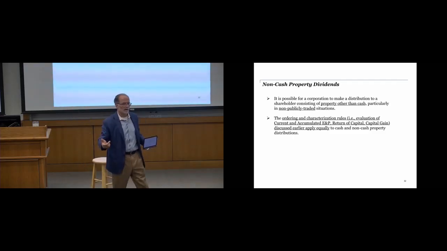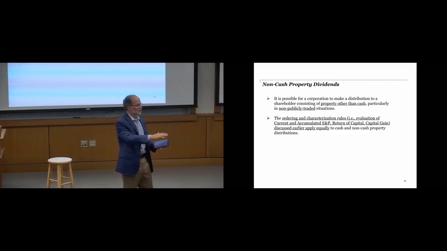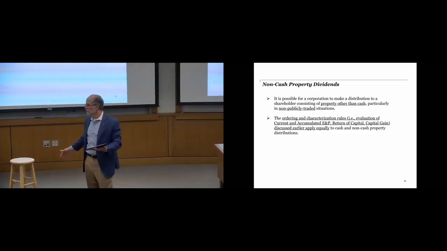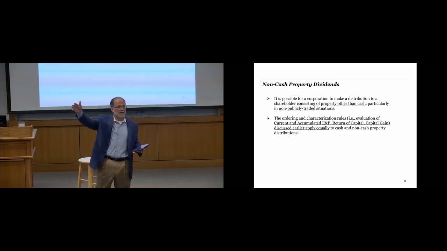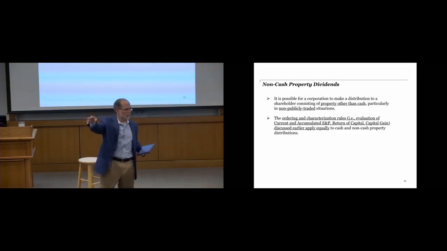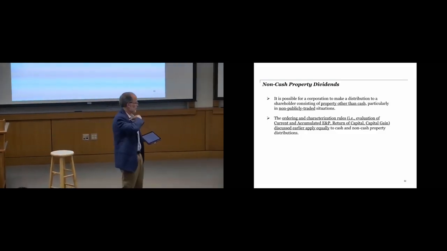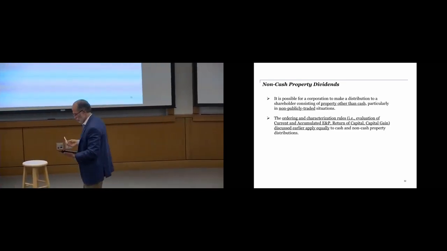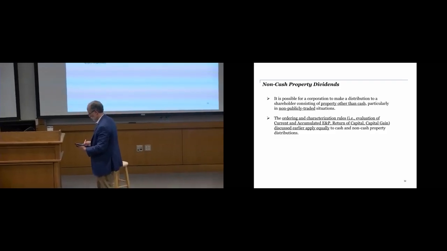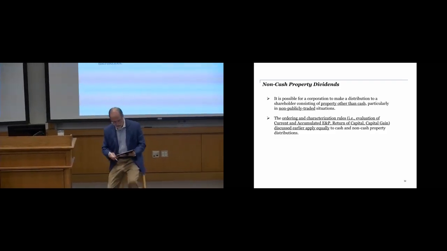Because I don't have that practical issue of having a million shareholders, right? So I may distribute a piece of land, I might distribute a piece of equipment, something like that shareholder will take instead of cash, right? So it is possible to make a distribution other than in cash, particularly in a non-publicly traded situation.